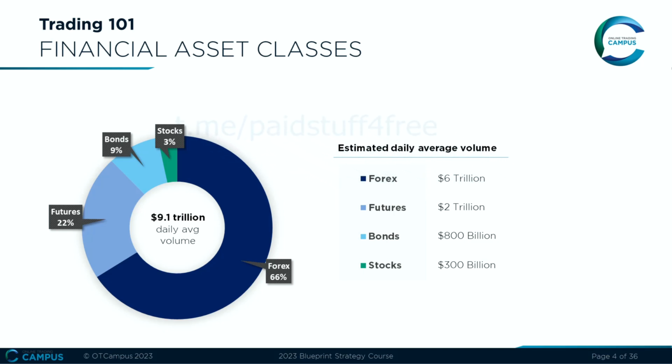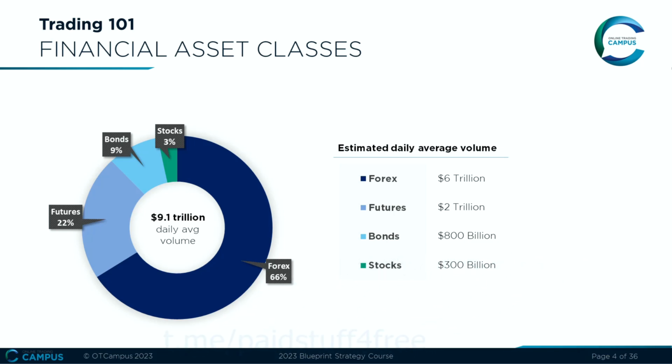But again, its market capitalization is not easily quantifiable. By sheer average trading volume per day, the Forex market is still the biggest market worldwide. Actually, it's between 6 trillion to 7 trillion.